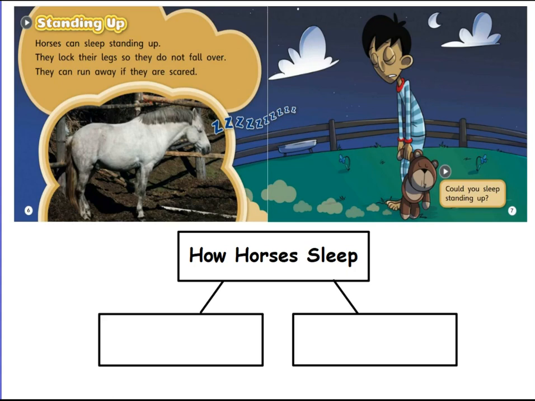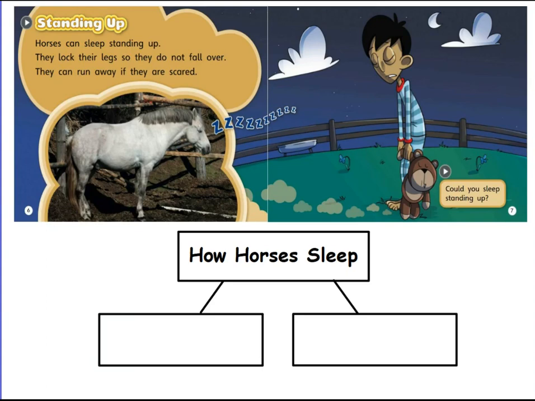Now, let's look for some key details that support our main idea. Remember, our main idea is how horses sleep. So now I need to look back to the passage to find out how horses sleep. I can see from my first sentence, it says horses can sleep standing up.